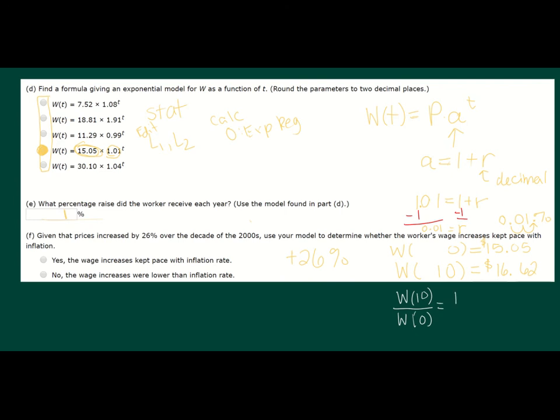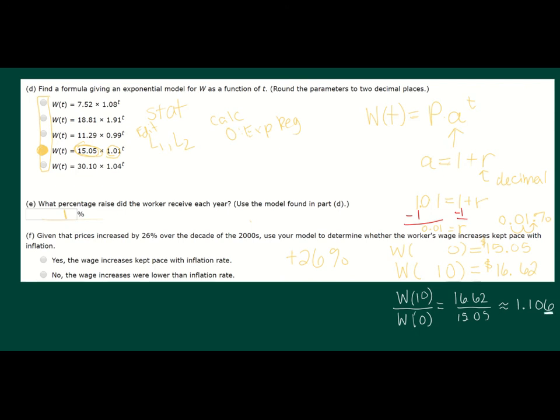So that's going to be $16.62 divided by $15.05. And when I worked that out and rounded to a few decimal places, I wound up with 1.106. I want to round to 2 decimal places. I just think it's the easiest way to compare.